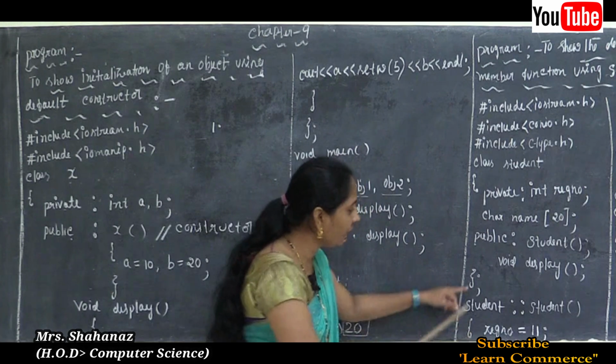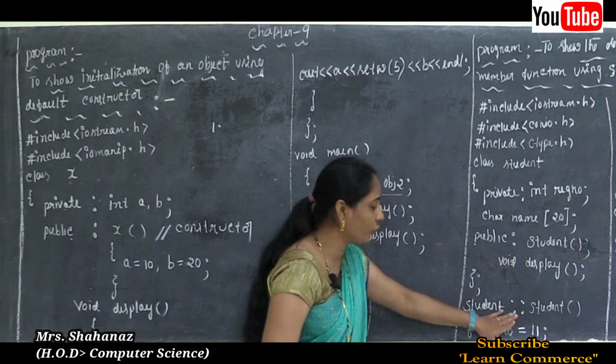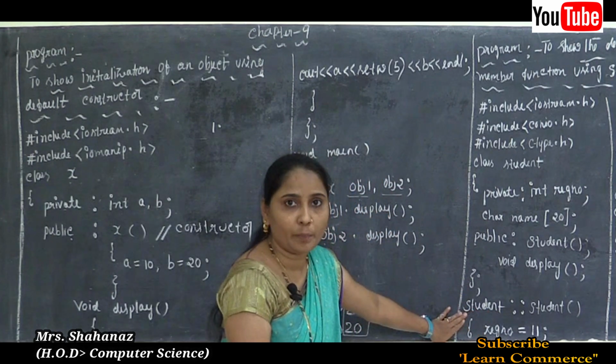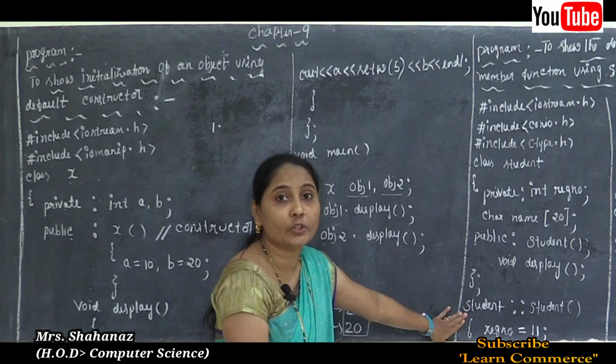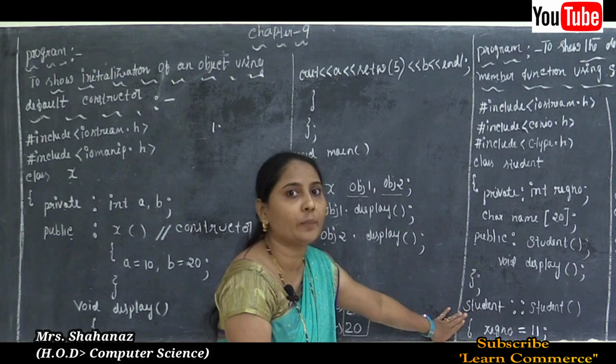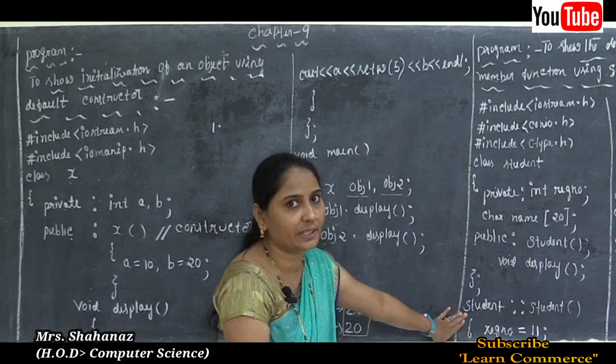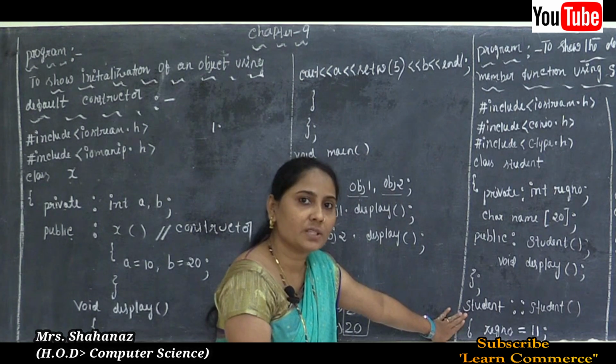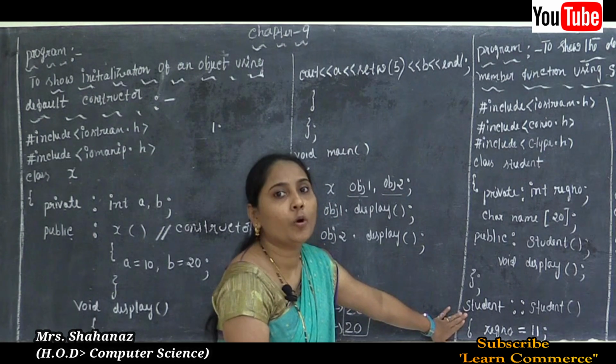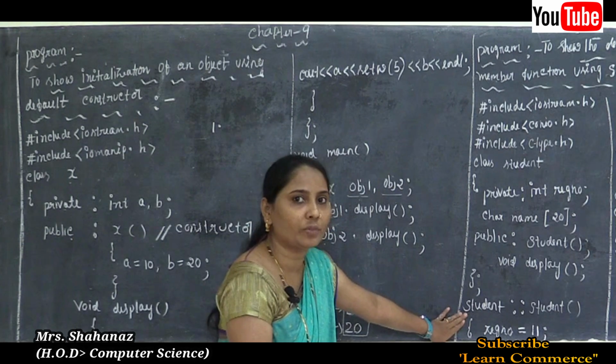Okay, later, next I want to define the special member function. How am I going to define it? You know the syntax of the default constructor. What is the syntax? Class name, scope resolution operator, class name, opening parenthesis, closing parenthesis. Why?